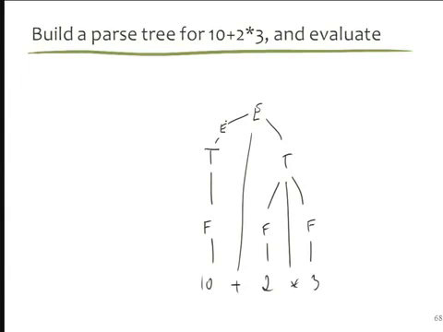So what can we do with this tree? Can we build a parse tree? Can we build the abstract syntax tree? Can we evaluate it? Can we pretty print it? What other ideas do you have? Can we translate it into reverse Polish notation? Could we do that?